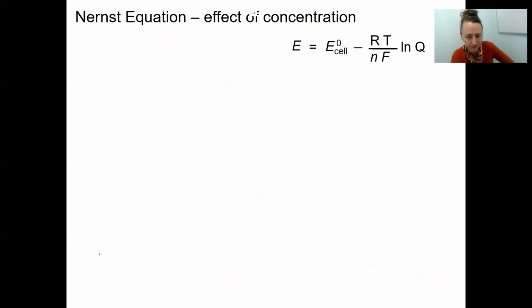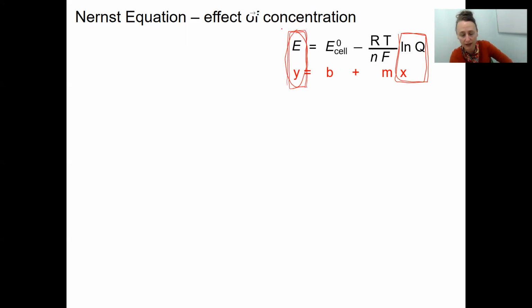All right. With this, we can also look at the graphical relationship. It's set up as a linear relationship where y equals mx plus b, where if you graph these variables, the x variable is the natural log of Q, and the y variable is the cell potential at the specific conditions.